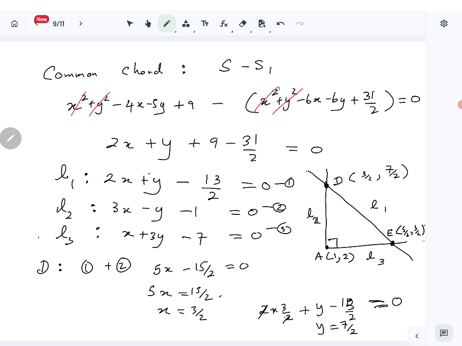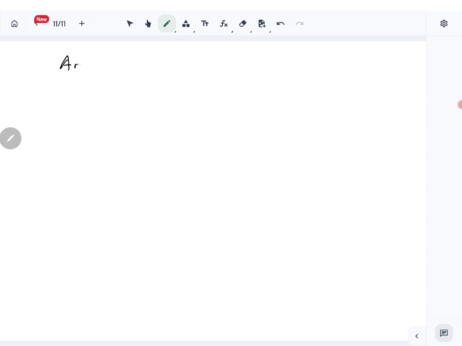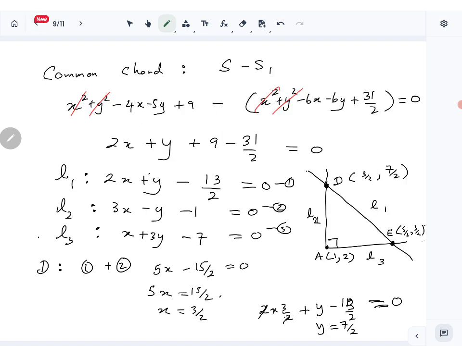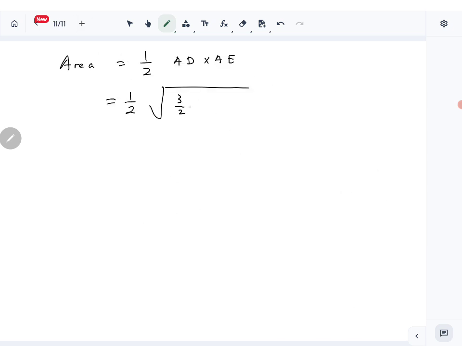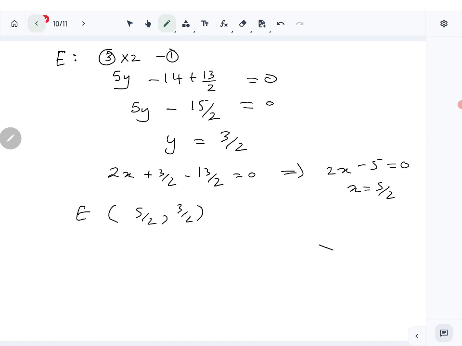Then the area of the triangle is half into AD length into AE length. So use the distance formula. You have two points now. Let's do AD first: 3 over 2 minus 1 squared plus 7 over 2 minus 2 squared.